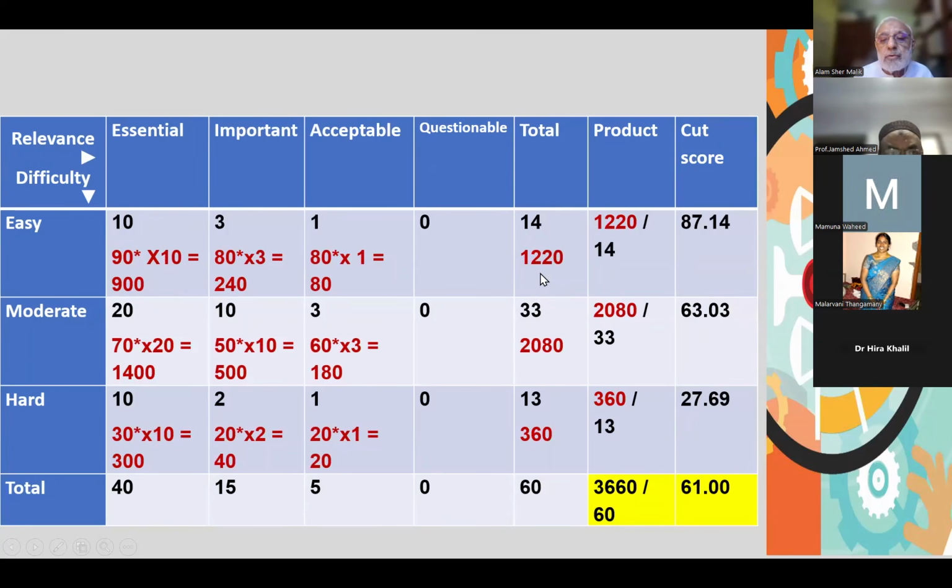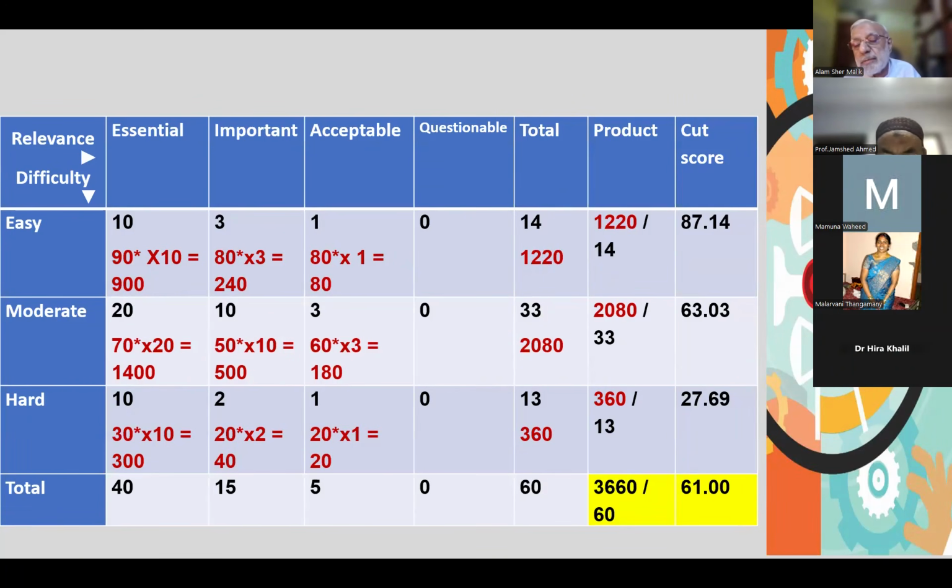So the total is 1,220. Here the total is 2,080, 360. So the total is 3,660. And once we divide by the number of questions, which is 60, our cutoff score becomes 61.